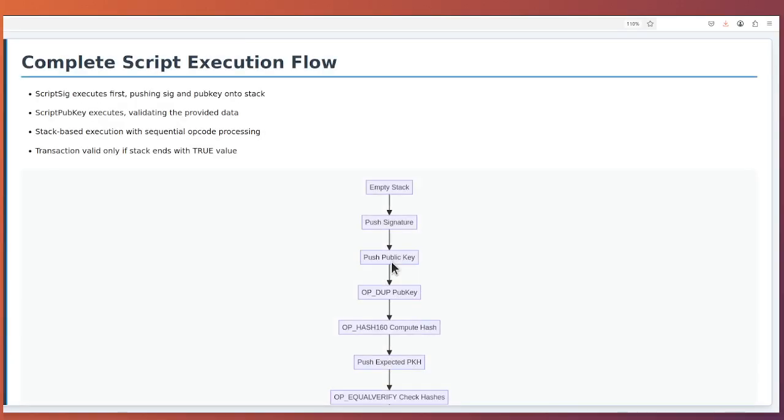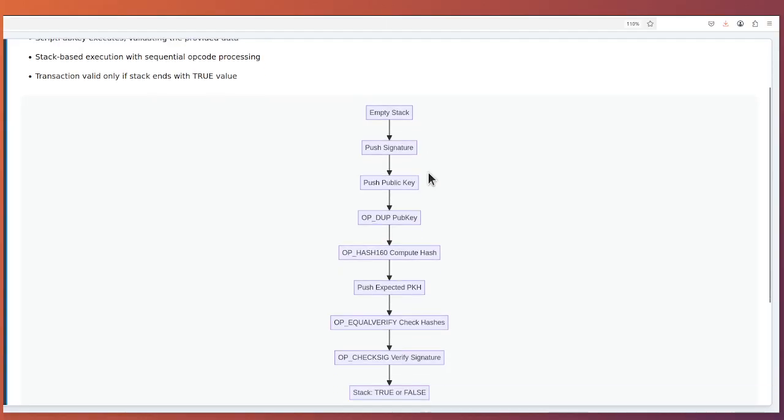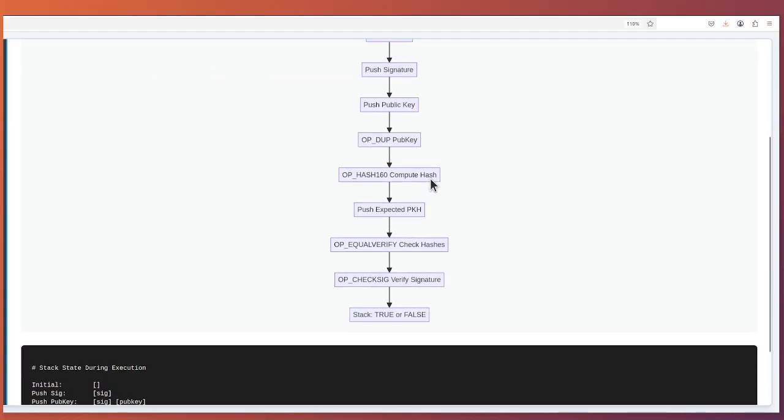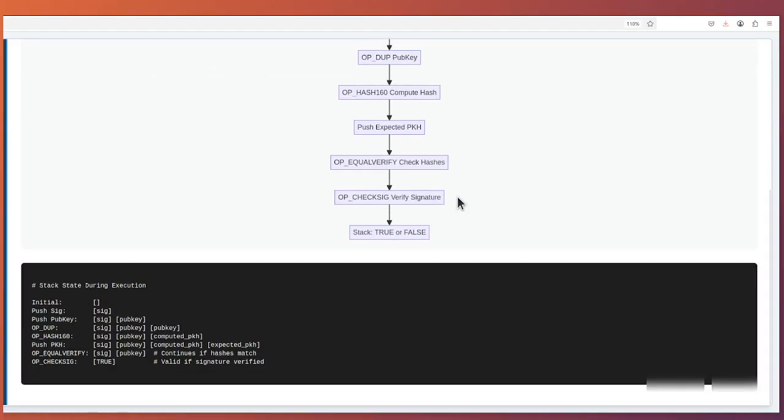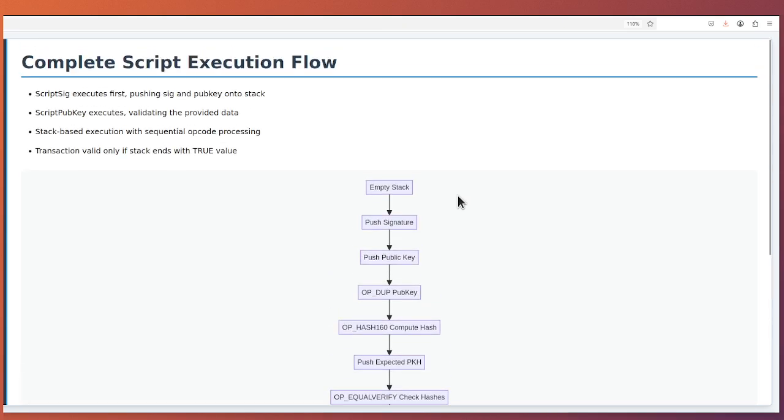Complete script execution flow. Understanding how Bitcoin validates a P2PKH transaction requires following the step-by-step execution of the combined ScriptSig and ScriptPubKey on Bitcoin's stack-based scripting engine. This process is deterministic, meaning it will always produce the same result for the same inputs, which is crucial for network consensus.